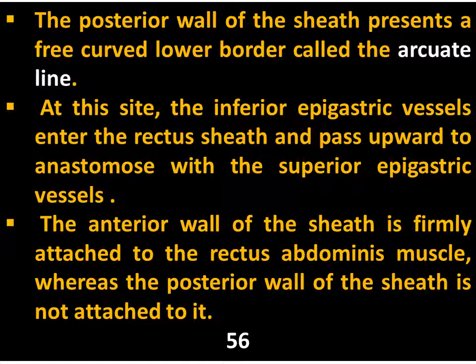At this site the inferior epigastric artery enters the sheath, where within the sheath it anastomoses with the superior epigastric vessels. The anterior wall of the sheath is firmly attached to the rectus abdominis muscle, while the posterior sheath is not attached. This point is important: the anterior wall is adherent to the rectus, while the posterior wall is not adherent.